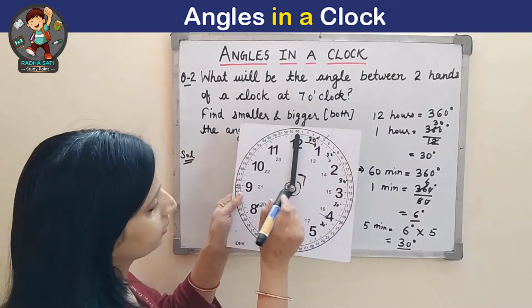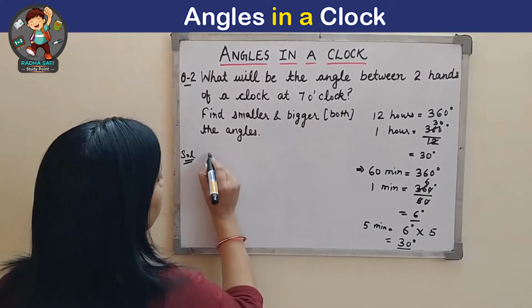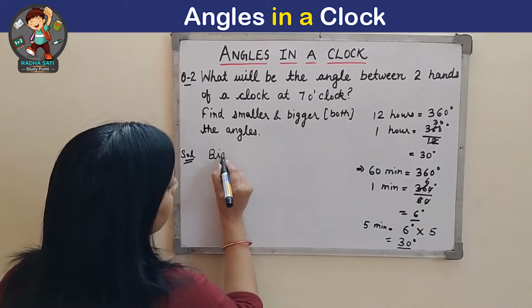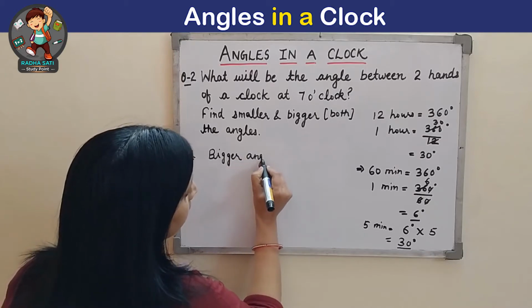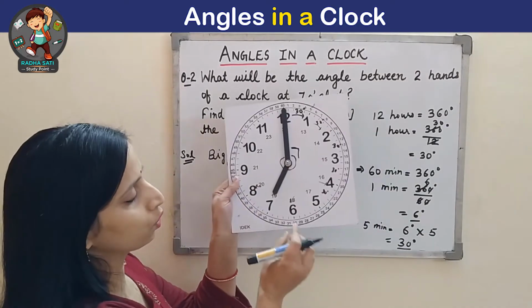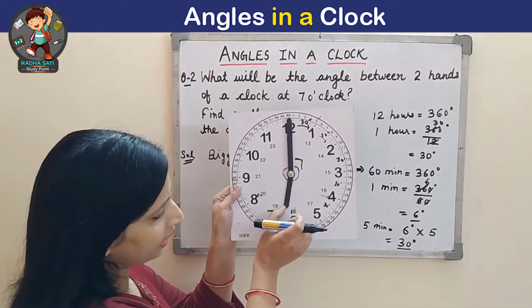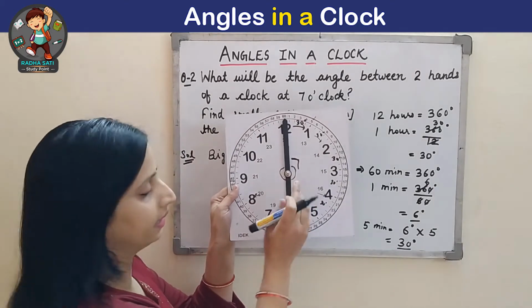Okay, so let's start. To find out the bigger angle, the measure of the bigger angle will be from 12 to 6. We know that till here it's a straight angle, an angle of 180 degree.